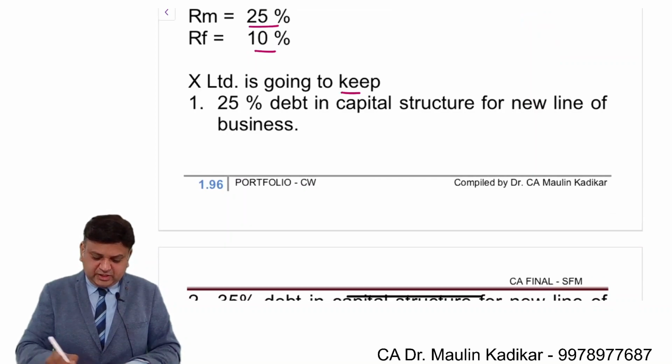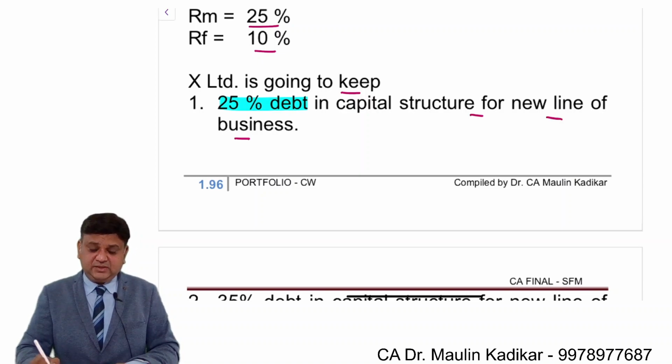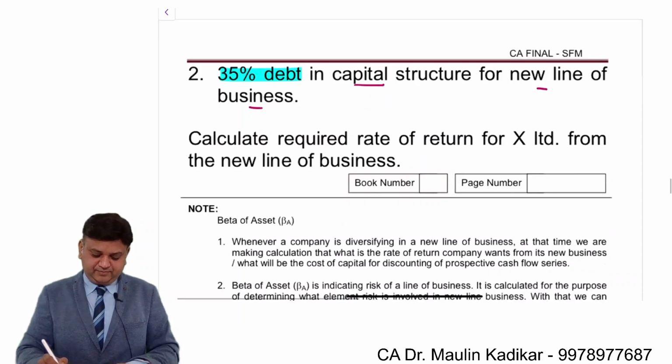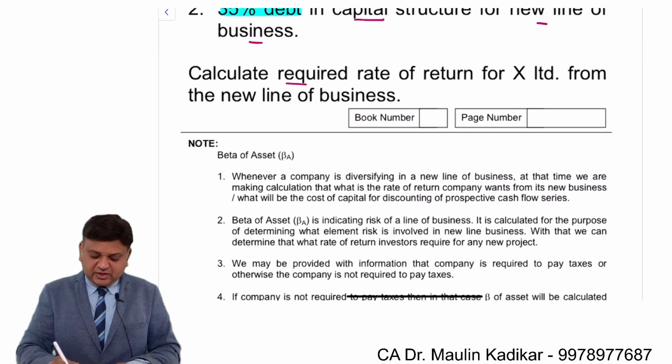X Limited is going to keep 25% debt in the capital structure for the new line of business. Second question, X Limited is going to keep 35% debt in the capital structure for the new line of business. Calculate the required rate of return for X Limited from the new line of business.